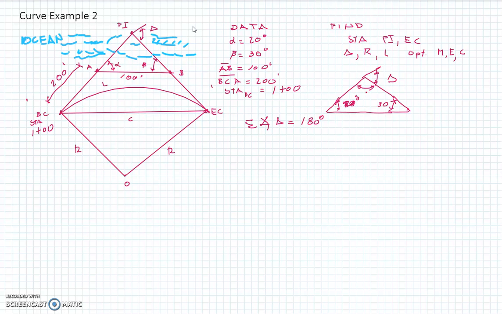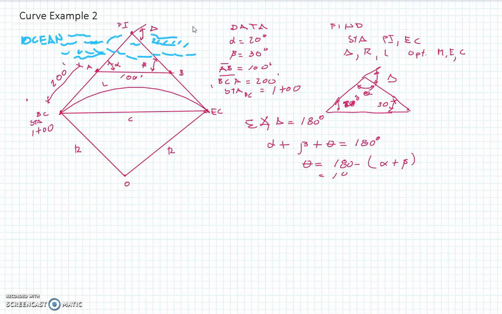I'm going to call this theta. So alpha plus beta plus theta is equal to 180. That means theta will be 180 minus (alpha plus beta).